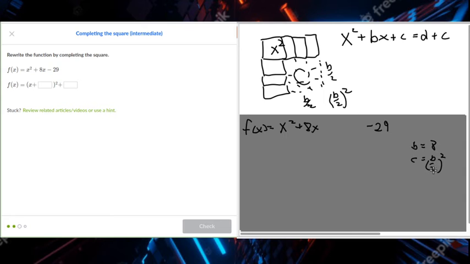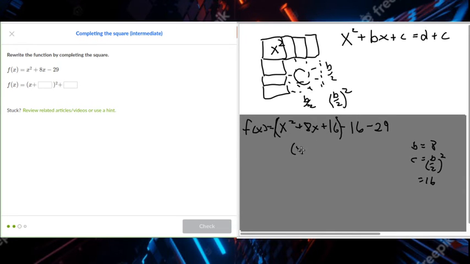And b is 8, b over 2 is 4, 4 squared is 16. So I have to have a plus 16 here. And then because I can't just add 16, I have to subtract 16. Plus 16 minus 16 is 0, and then it doesn't change what we did. We just added 0. But then I'm going to group this here. And now I have a term which is b over 2, which is 4.